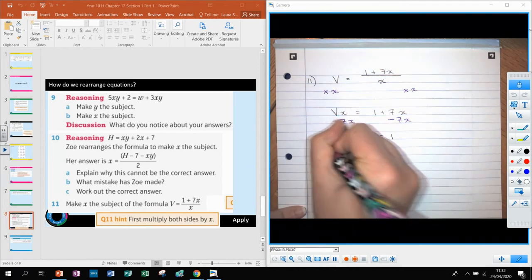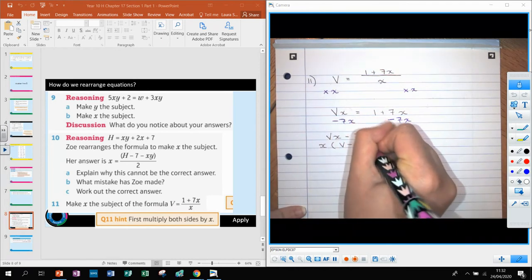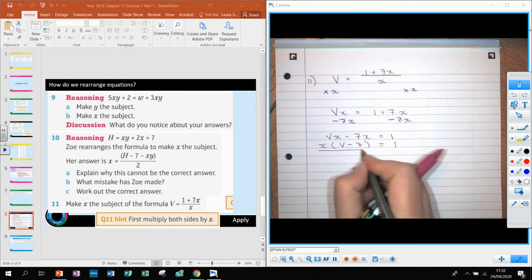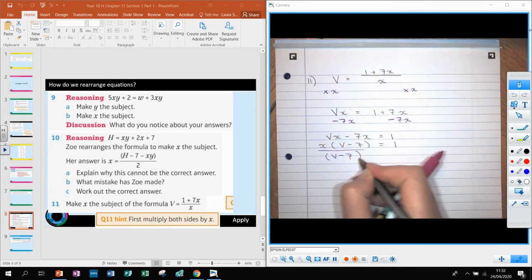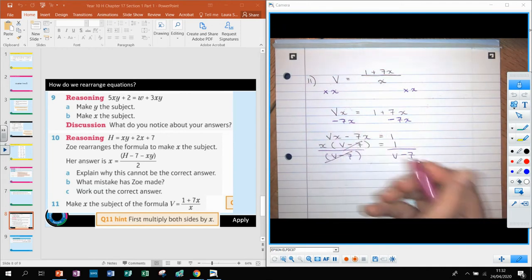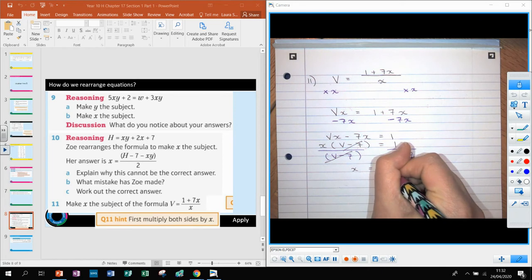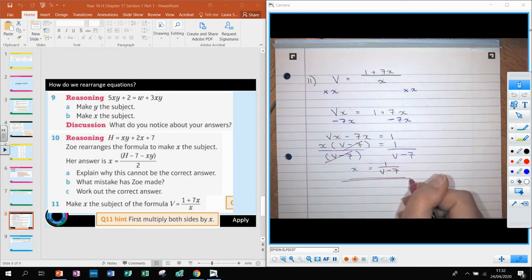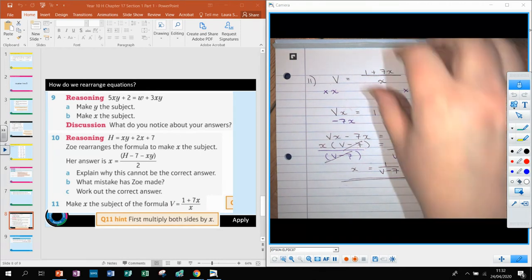So x brackets v minus 7 is equal to 1, which will mean when we divide by v minus 7, we will get x as the subject. So x is 1 over v minus 7. Final answer. Lovely.